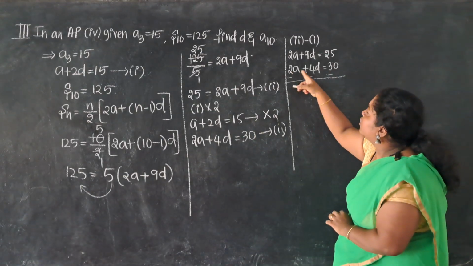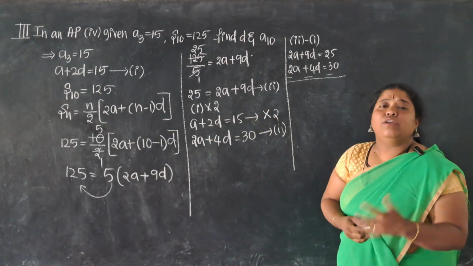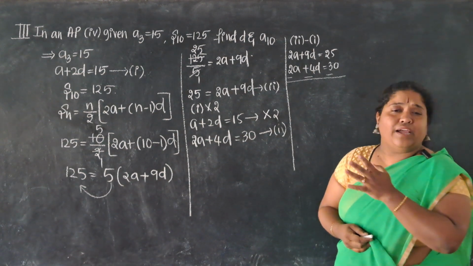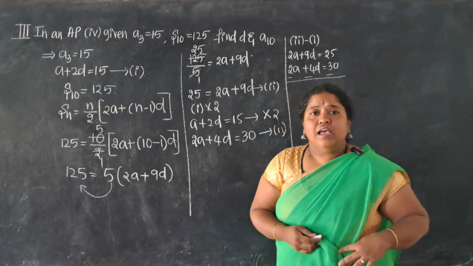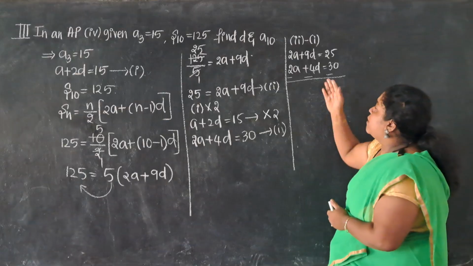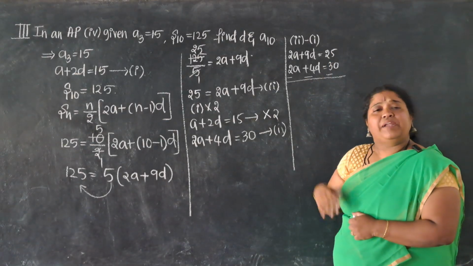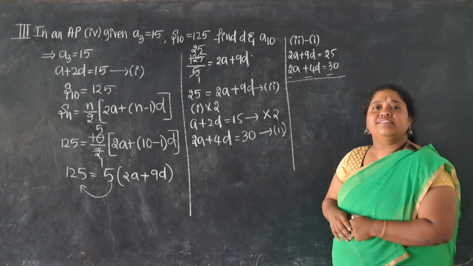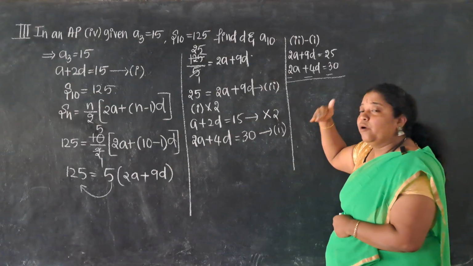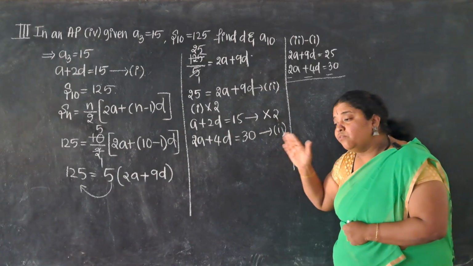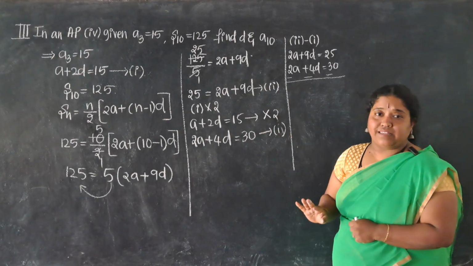Don't bother about the positive sign. It has gone and the new sign has arrived, that is negative, negative, negative. Many students ask, ma'am, what happens to the previous sign? The previous sign has gone, dear. Now the values are provided with a new sign. You have to continue with the new sign.